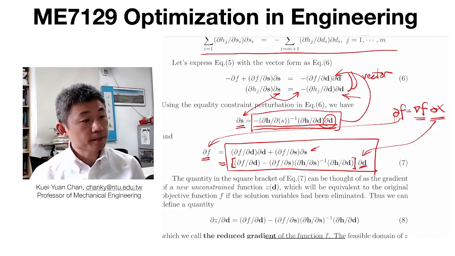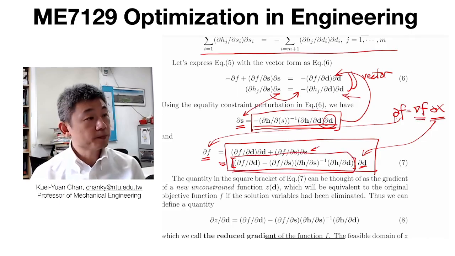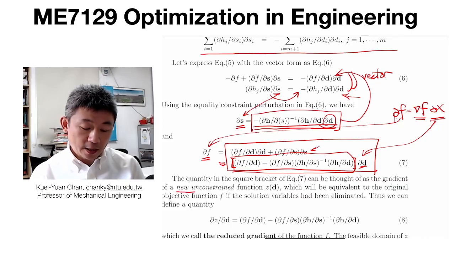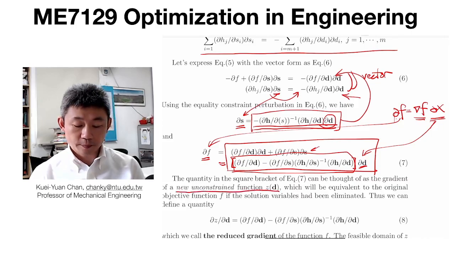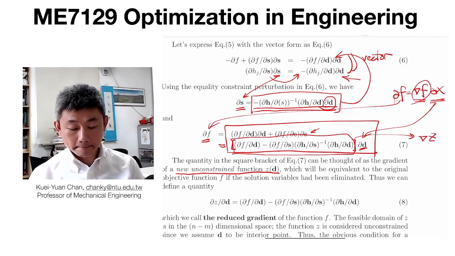This is gradient, a rather complex form. This complex form is called a new constraint function. Because this is gradient F, if we call it Z, this is gradient Z.